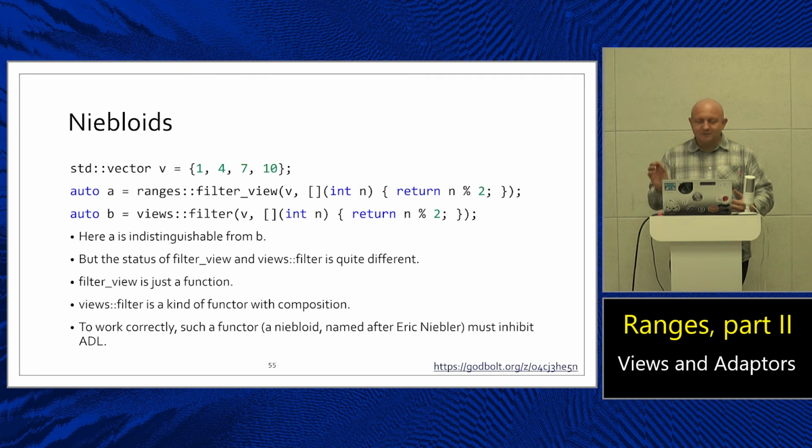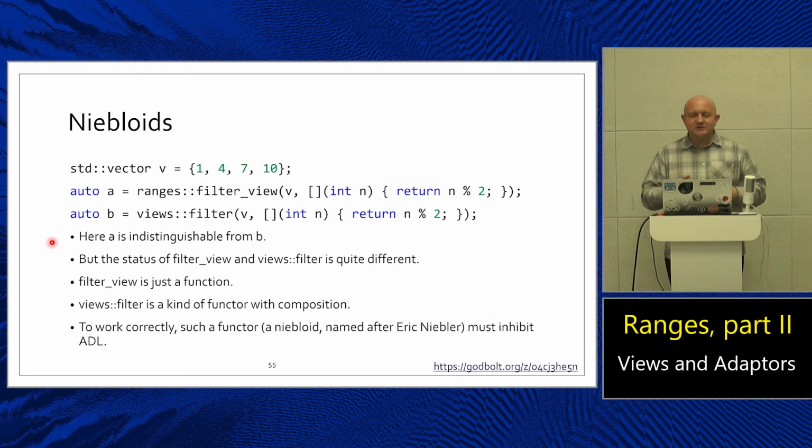Now here's an important subtlety. Look at these two expressions. In the first case, we directly construct a filter view. In the second case, we use this strange thing: we use views filter. From the user's point of view, A and B are hardly distinguishable, but their status is completely different.